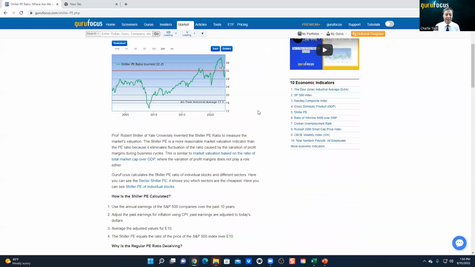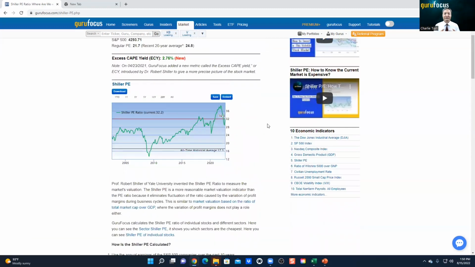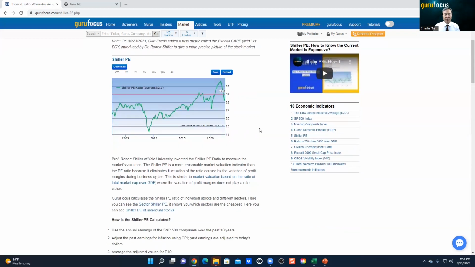So from the Shiller PE ratio, similar to the Buffett indicator, we can estimate the future market returns, assuming that in 8 years, the market will go back to its median Shiller PE, reverting to the mean.